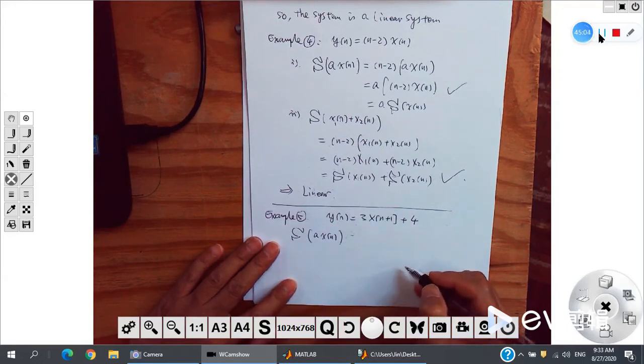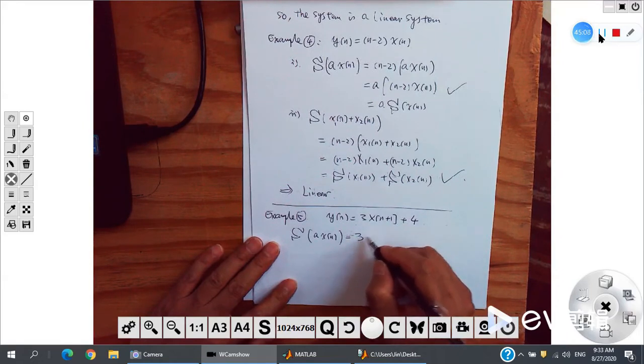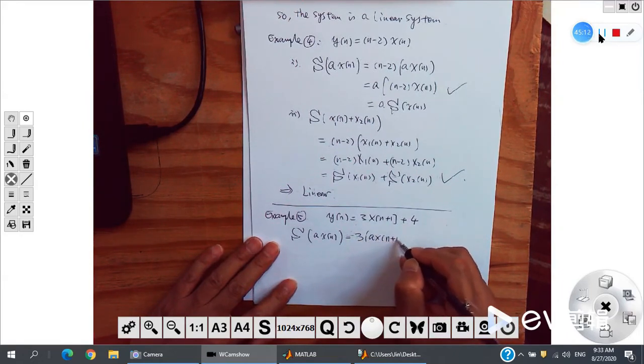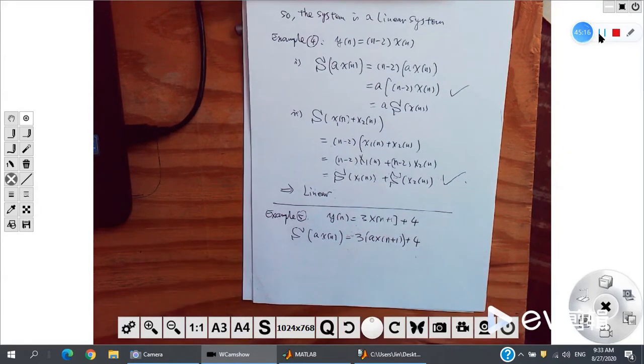What will be the output? The output is 3 times the input at time n plus 1, and plus 4.